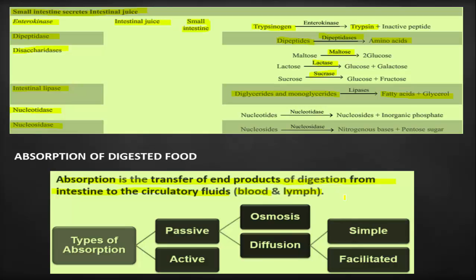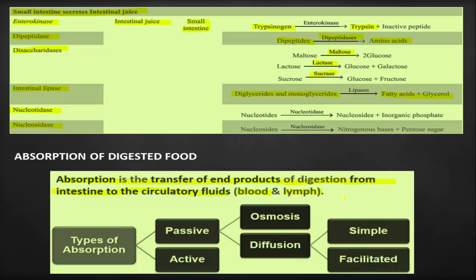After the digestion, the absorption starts. Absorption is nothing but a transfer of end products of digestion, such as glucose, fructose, galactose, amino acids, fatty acids, the pentose sugar, nitrogen base, inorganic phosphate. All these are the end products of digestion.